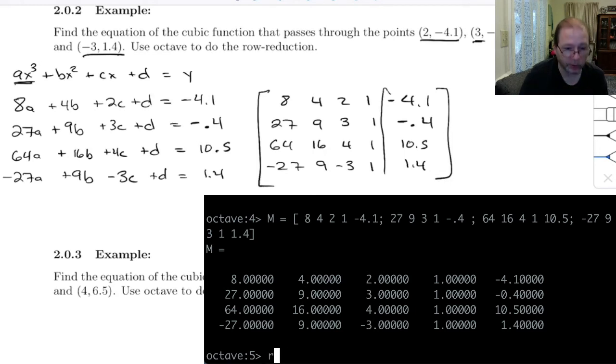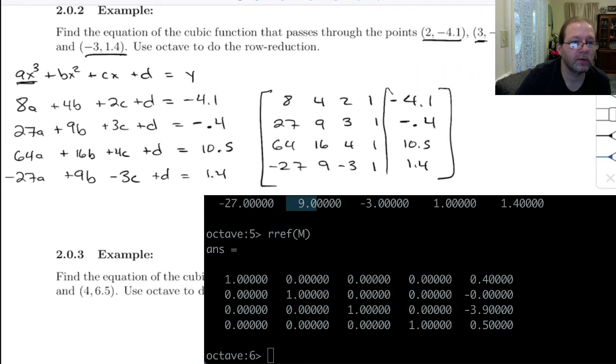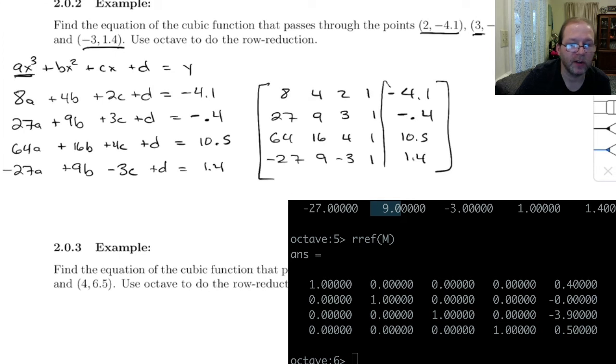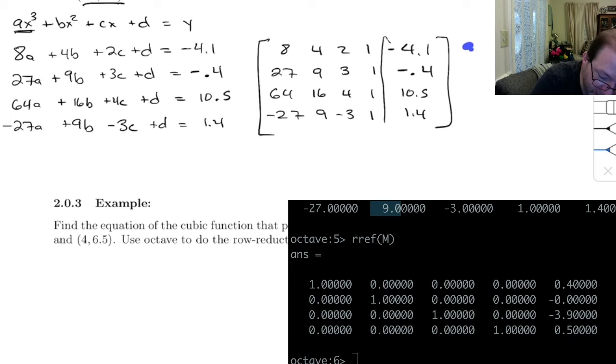So now I'll row reduce it, and it gives me this. Now I'm not going to copy this whole matrix off. I'm just going to go ahead and pull the answer off of the matrix, because that top line of the matrix tells me that a is 0.4, b is 0.